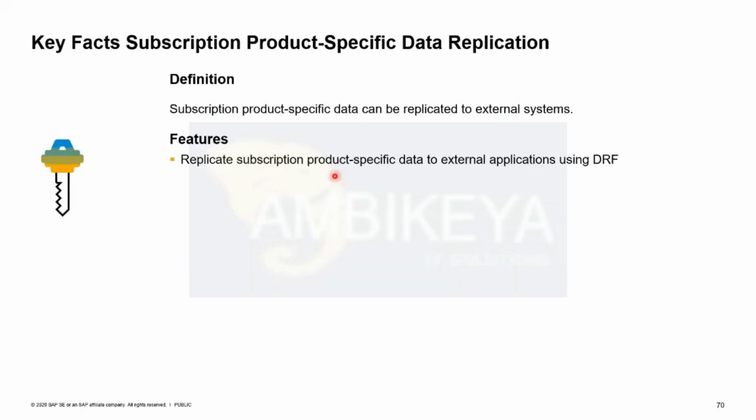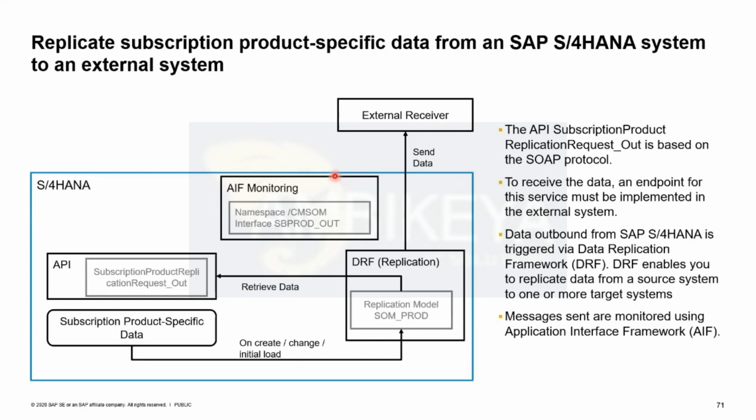A SOAP API is introduced in 2020 to support replication of subscription product specific data to any external system. Once again, this feature is dependent on DRF, the data replication framework.